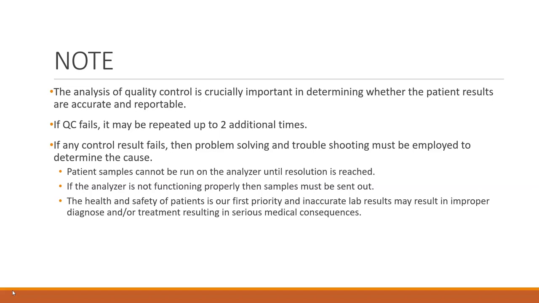Patient samples cannot be run on the analyzer until resolution is reached. If the analyzer is not functioning properly, then samples must be sent out. The health and safety of our patients is our first priority, and inaccurate lab results may result in improper diagnosis and or treatment, resulting in serious medical consequences.